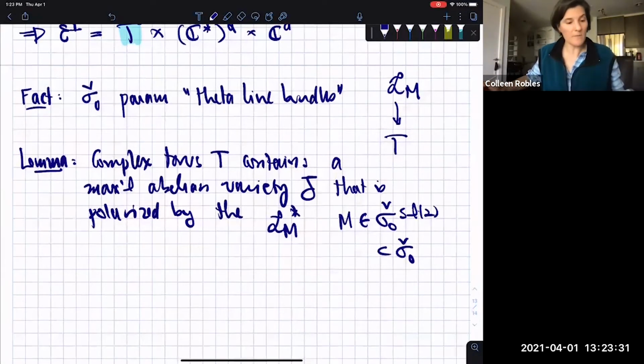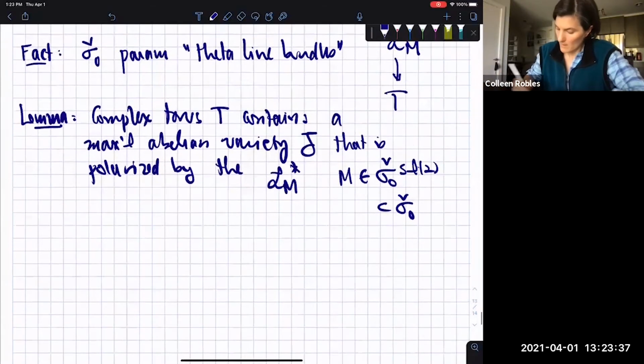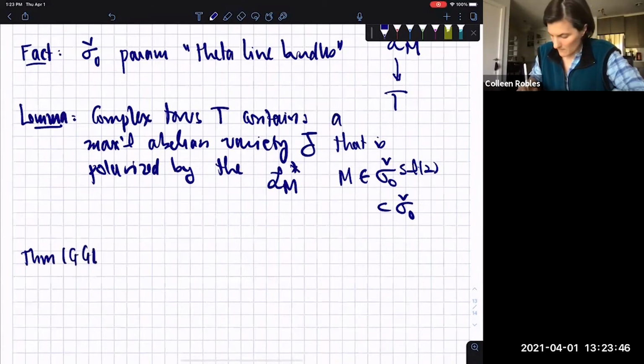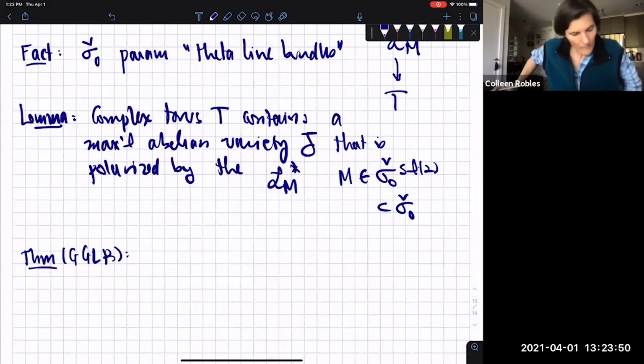And again, that comes from the fact that we're working with limiting mixed Hodge structures. Right, then the theorem here, the first theorem.